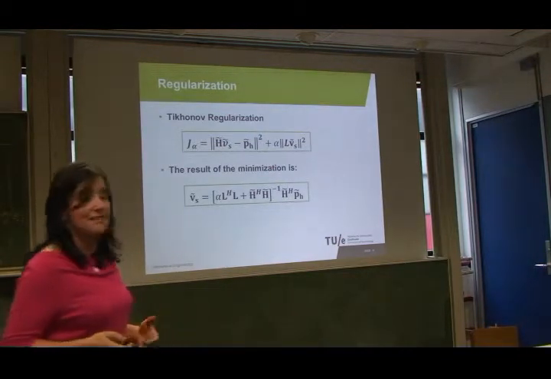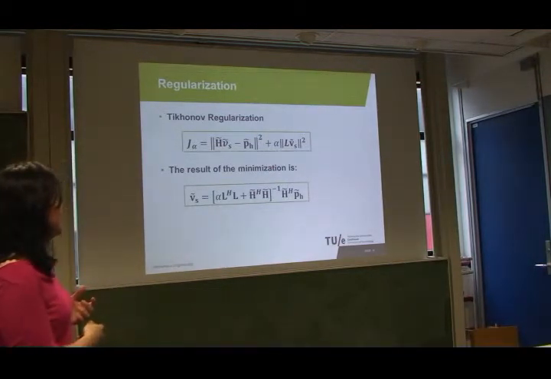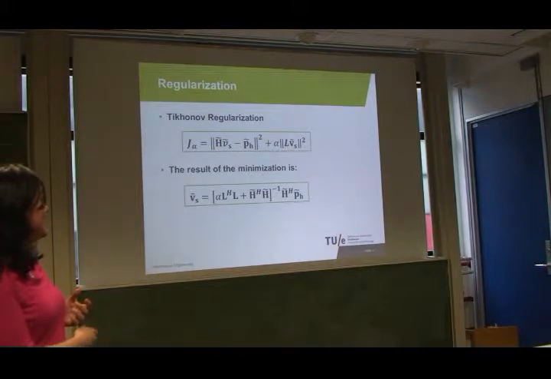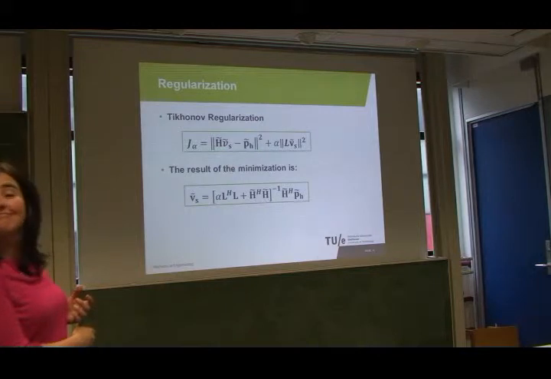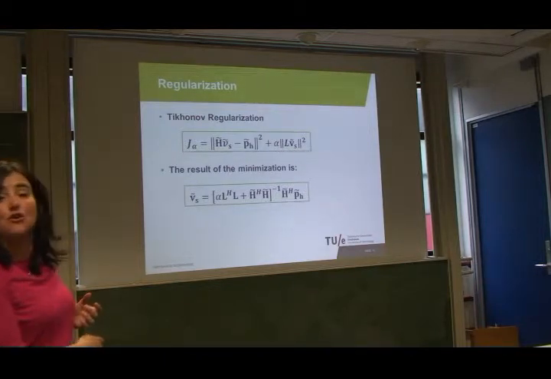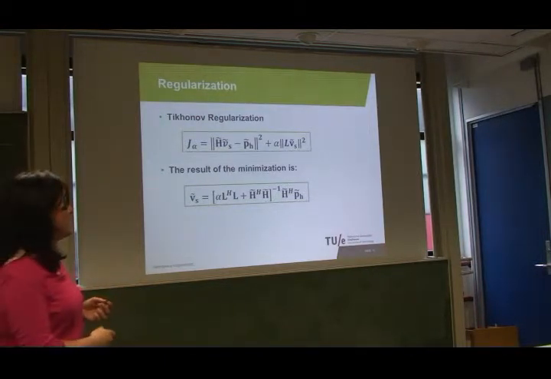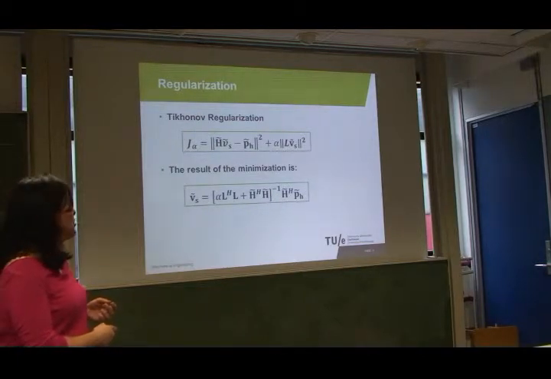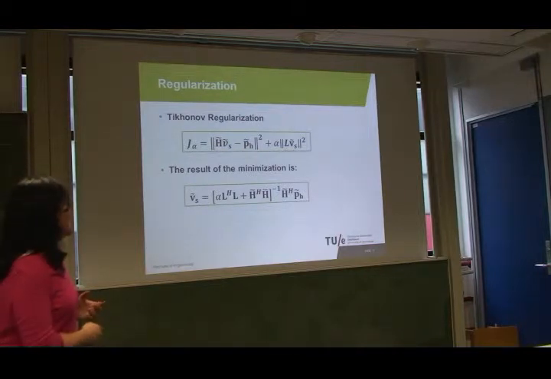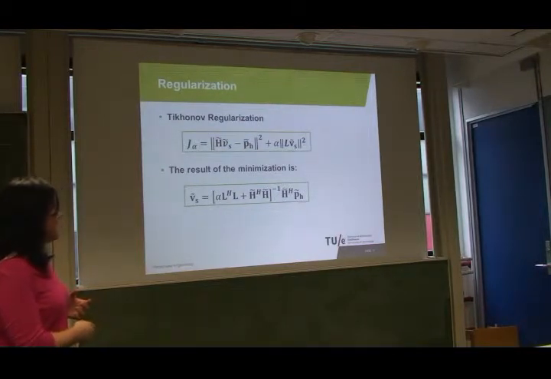And the most common one, just for your information, is Tikhonov regularization, where you basically have, on the one hand, the norm of the difference between what you measured and what it should be if you multiply the source information with the transfer matrix, and then you have the norm of the solution, so of the velocity at the source, multiplied by a weighting function. And then one can show that for this problem, this is the solution.